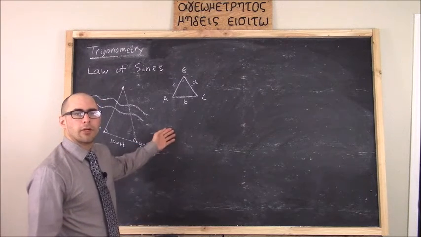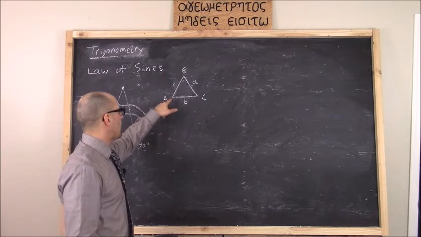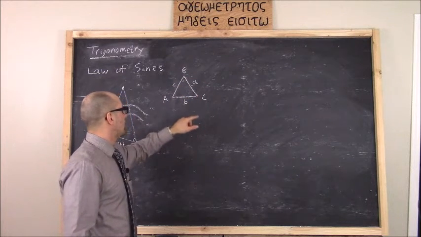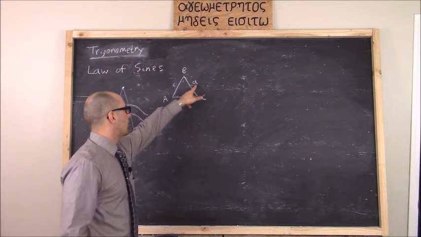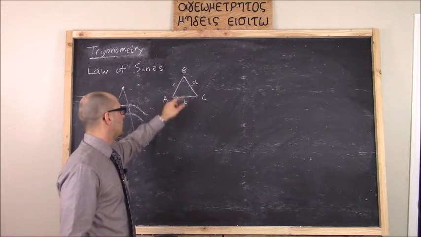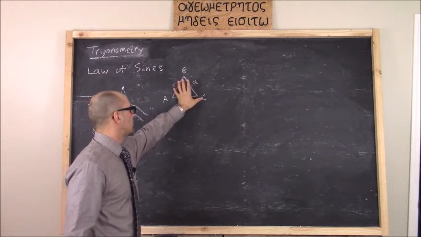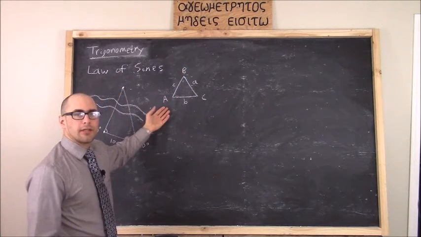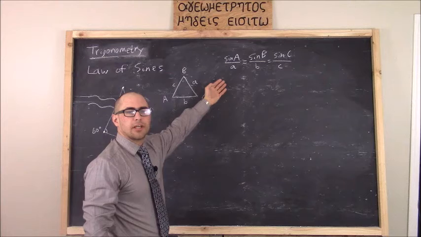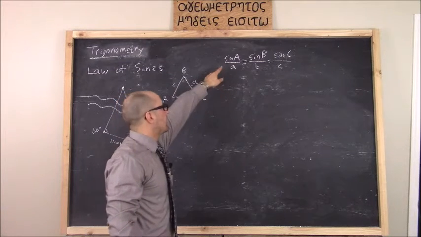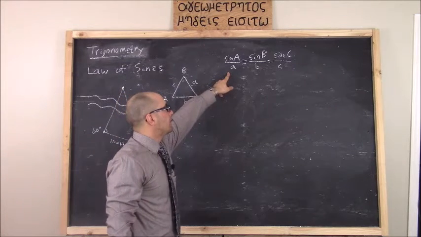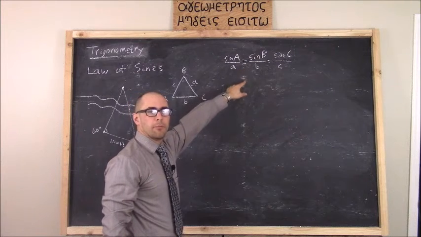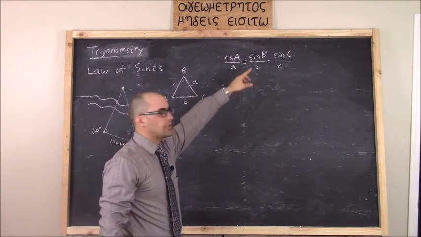In general, a triangle of angles A, B, C and side lengths lowercase a, b, c, notice how they are opposite, C, c, B, b, A, a, can be represented like this. Now the law of sines states that sine of A divided by a is equal to sine B over b, which is equal to sine C over c.